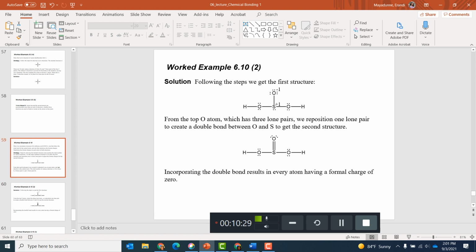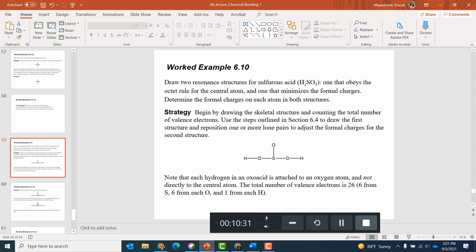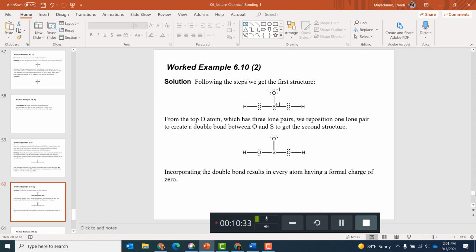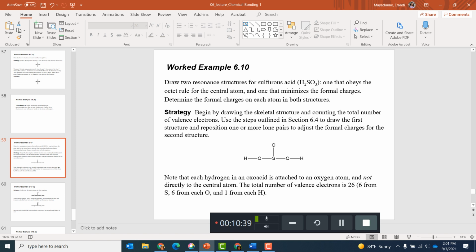And then there are certain molecules that have more than one center atom. At that time, you just draw, with this question: draw the resonance structures of sulfurous acid, one that obeys the octet rule for the central atom, one that minimizes the formal charges. Determine the formal charges on each atom in both structures.